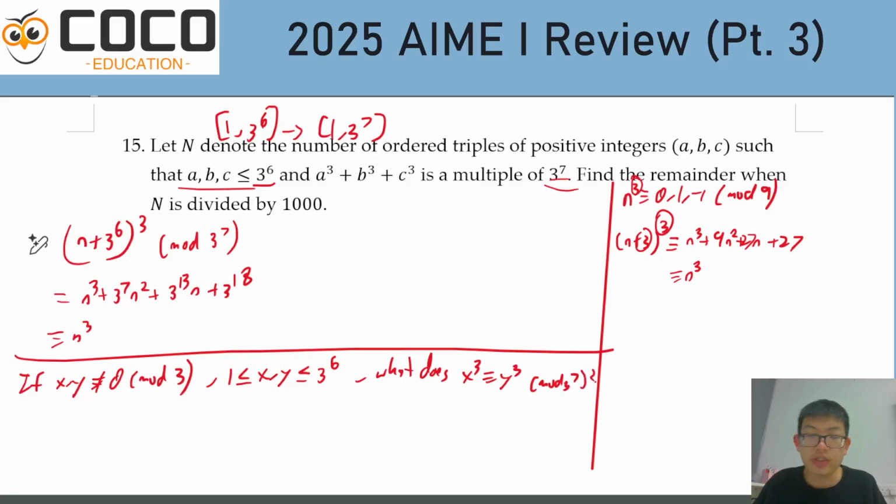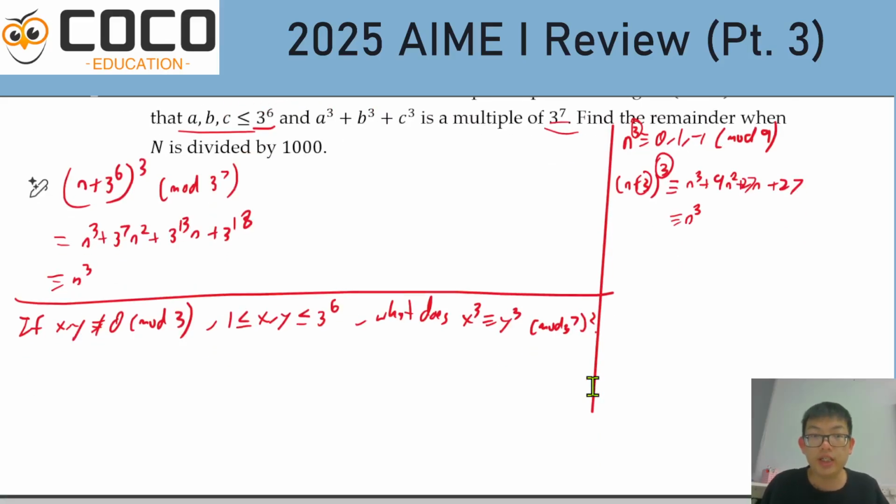If I can find a contradiction, then I know that they don't clash. If I do not find a contradiction, then great. Well, I can argue this using either LTE or primitive roots. I think I'll go with LTE.